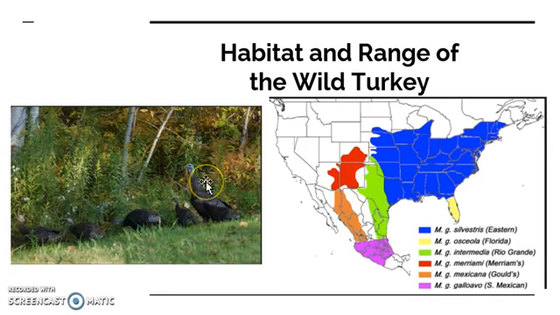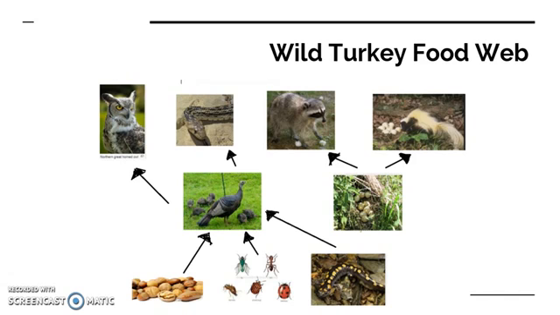So they roost or sleep up in the trees, and they nest down in the shrubbery underneath the trees. They're an important part of the forest ecosystem. Their food sources include nuts from those hardwood trees, insects, and they have even been known to eat little salamanders and lizards, so this makes them omnivorous.